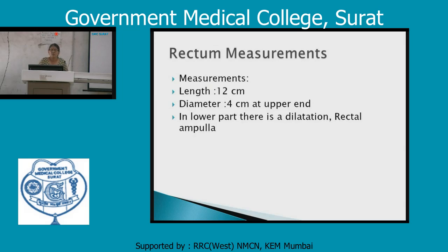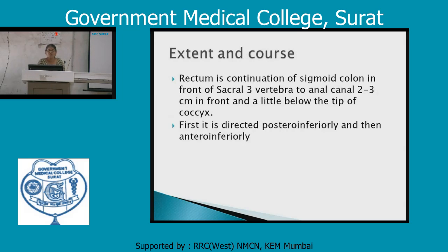Now what is the extent and course of the rectum? The rectum is a continuation of the sigmoid colon, but at which level does it become rectum? It is in front of the third sacral vertebra. So it extends from the third sacral vertebra up to the anal canal.